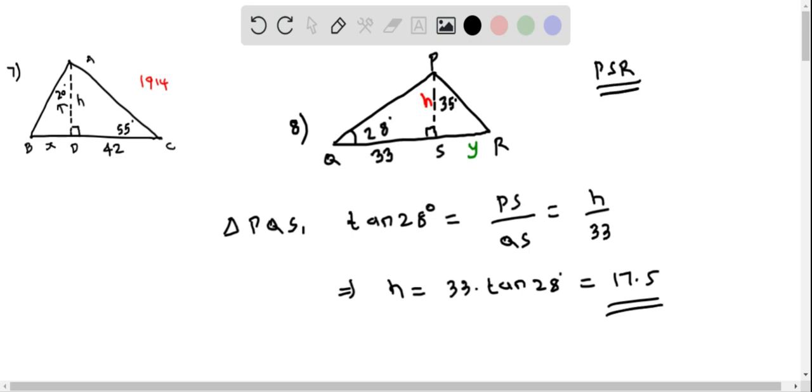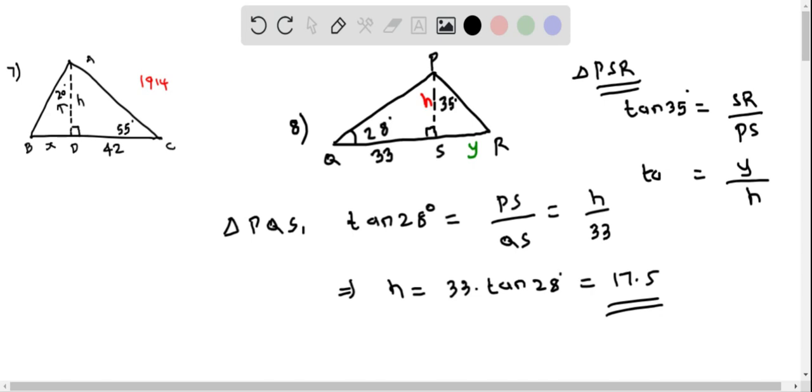Here as well I'm going to apply the tangent ratio for the angle 35. Tangent of 35 equals the opposite side SR over the adjacent side PS, so SR is y and PS is the height h.